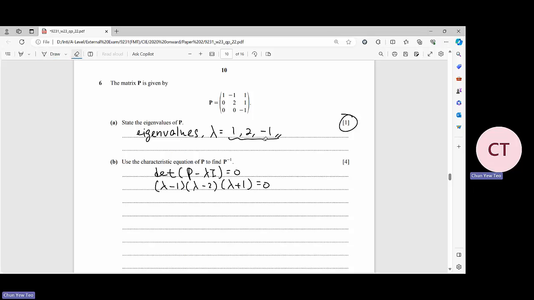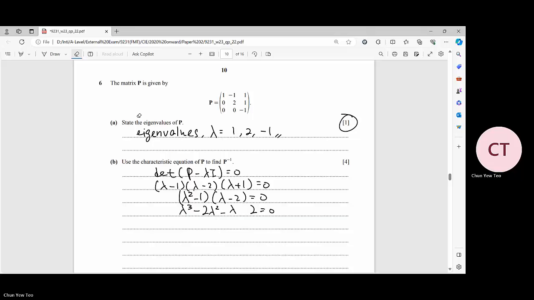What you need to do is just expand them one by one. I will multiply these two first, which gives lambda square minus 1. Then after that, I have lambda cube minus 2 lambda square minus lambda plus 2 equal to 0.